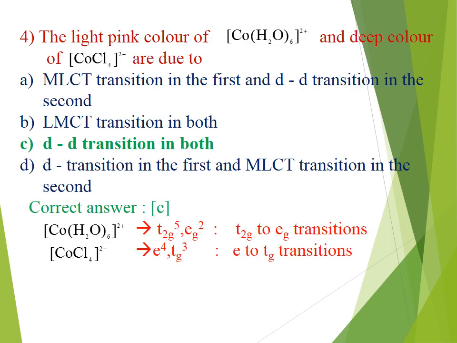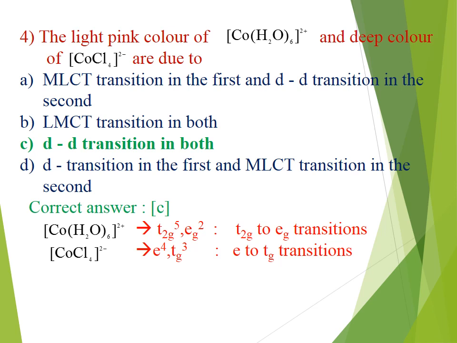Question number 4. The light pink color of [Co(H2O)6]2+ and the deep color of [CoCl4]2- are due to. Here the correct option is C, d-d transition in both. Here the d-d transition is due to the electronic arrangement. [Co(H2O)6]2+ is t2g5 eg2.